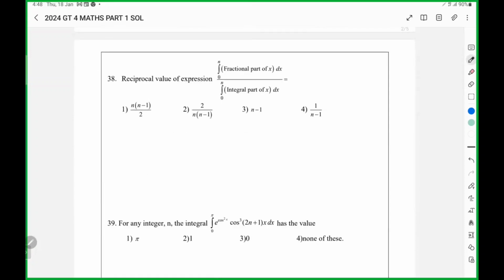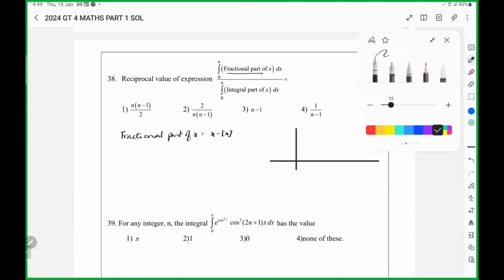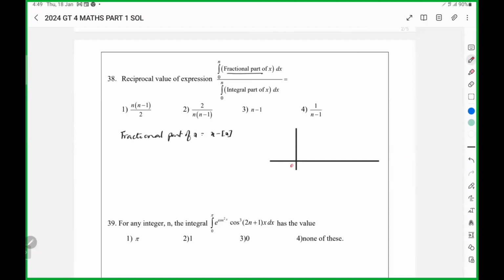Here it is fractional part of x, which is x minus step x, whose graph between 0 and 1, like this, between 1 and 2, between 2 and 3.